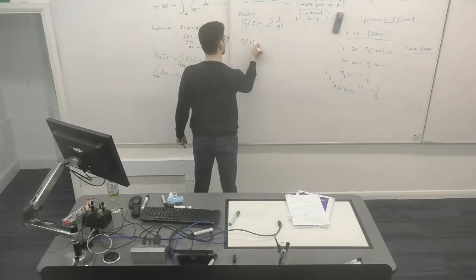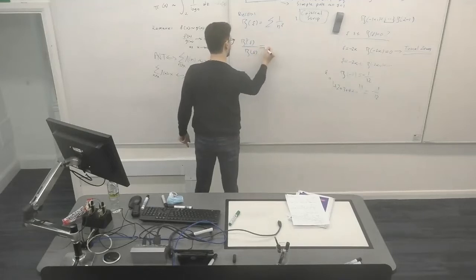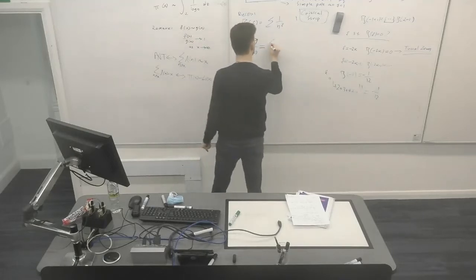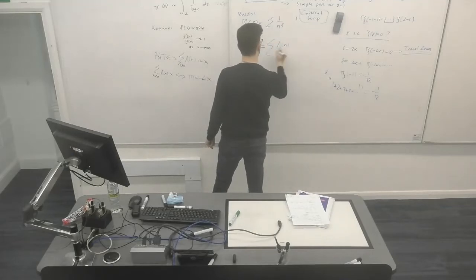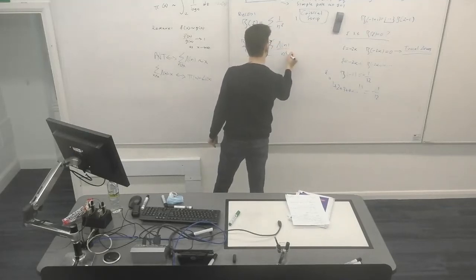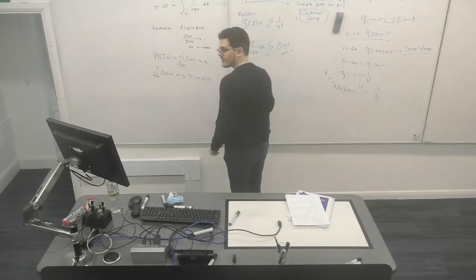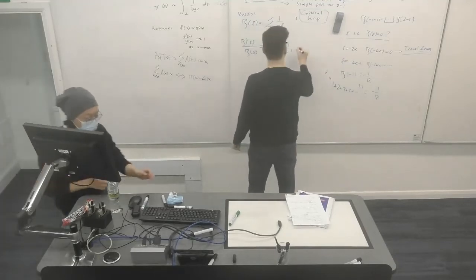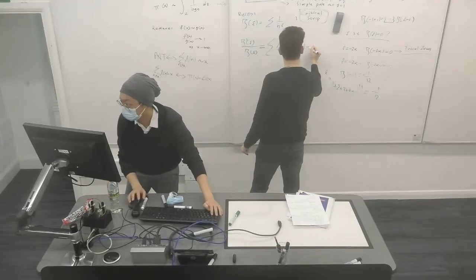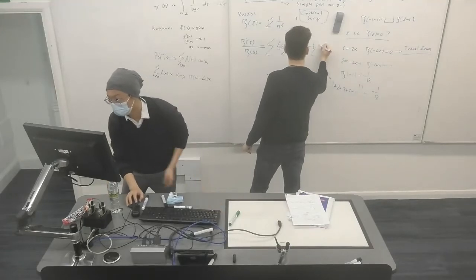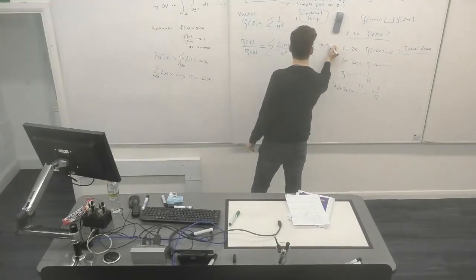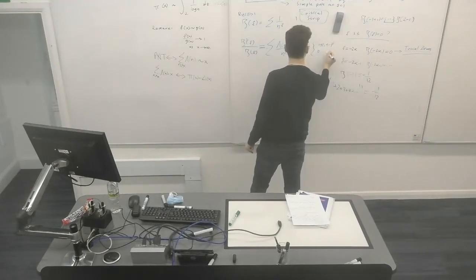This one. And remember that lambda of n was log p for n equal to prime powers and 0 otherwise.